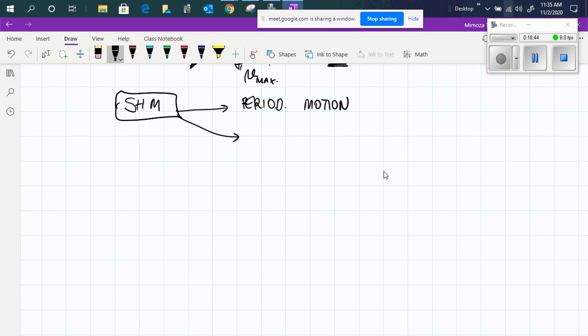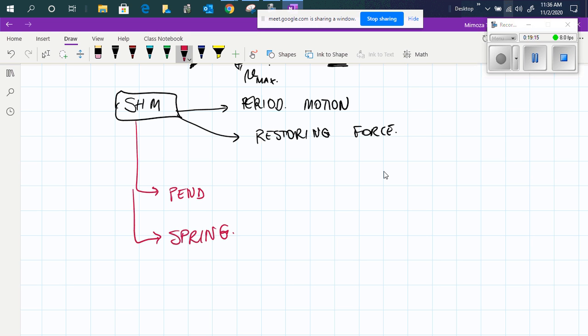And the second one is to have a restoring force that is always toward the equilibrium. Those are the two conditions for an object to complete a simple harmonic motion. Now, as types of simple harmonic motion, we have two: we have the pendulum and we have the spring.